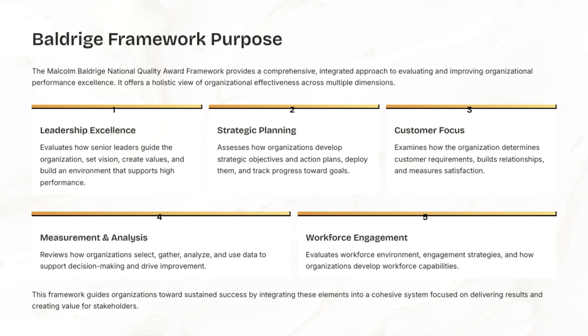Leadership excellence is the foundation for inspiring teams and sustaining excellence over time. Overall, the Malcolm Baldrige framework provides a holistic, integrated approach to organizational performance. It helps organizations not just improve in isolated areas, but achieve sustainable excellence across all dimensions.